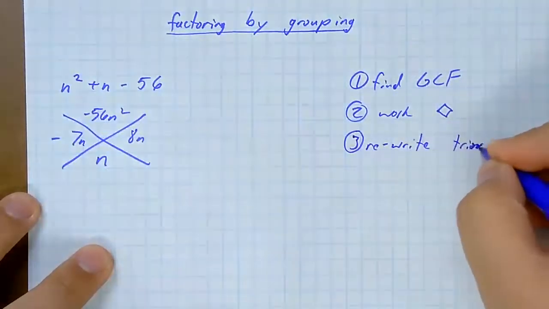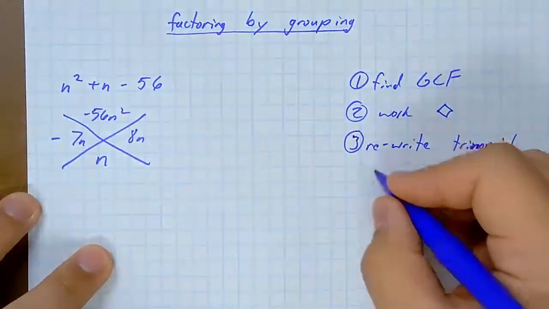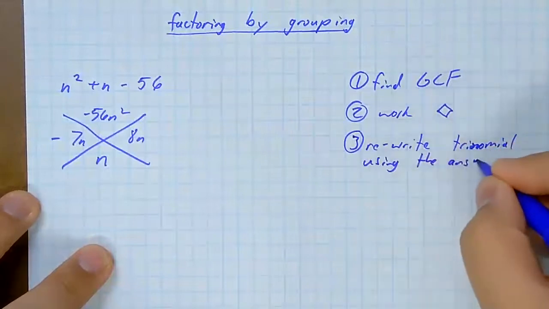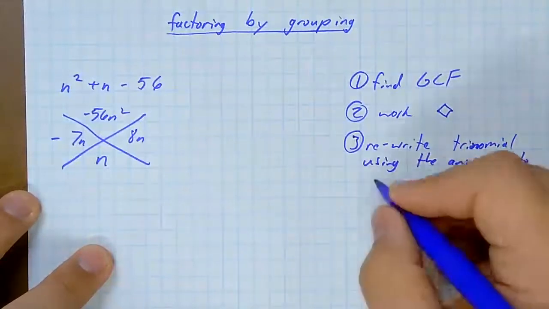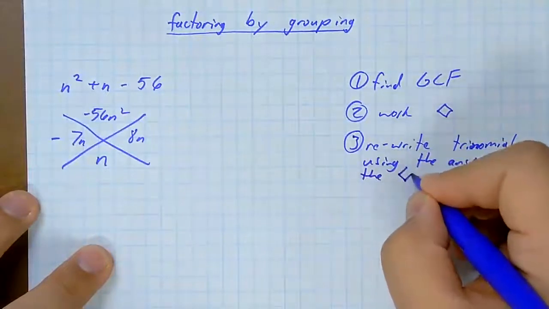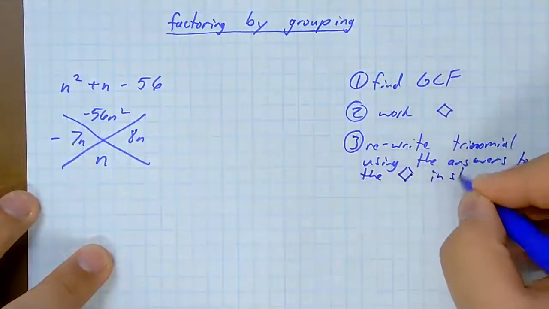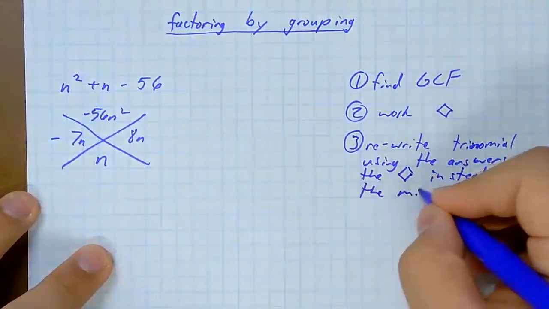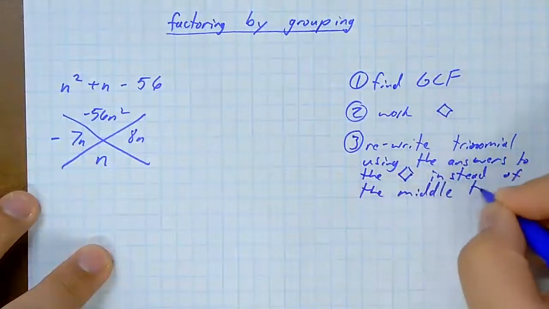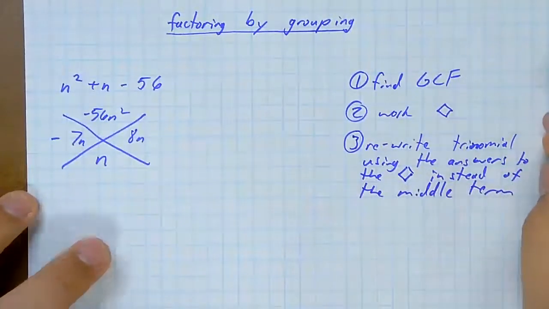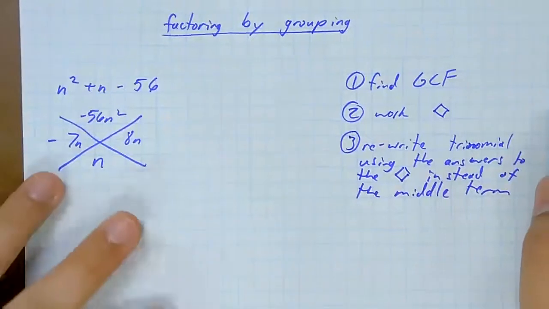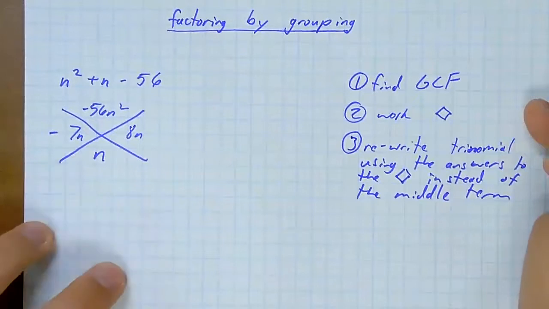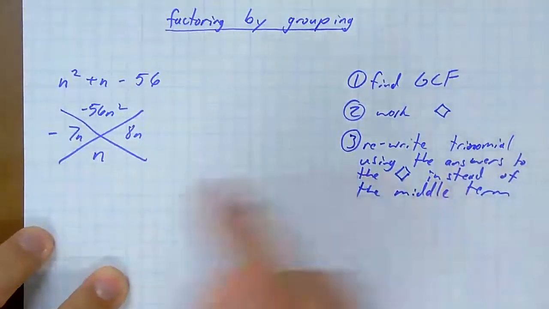Rewrite the trinomial using the answers to the diamond instead of the middle term.